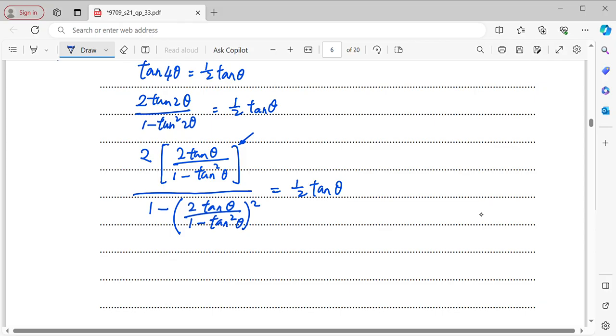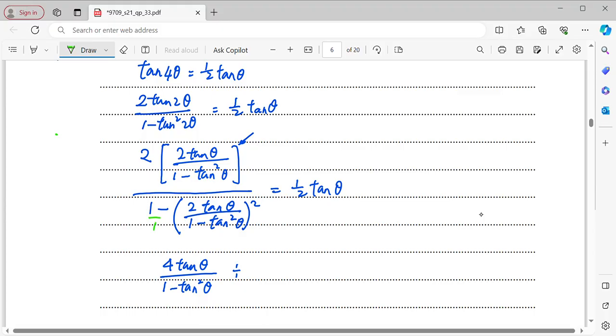Now, I need to simplify this first. So the numerator is 4 tangent theta over 1 minus tangent squared theta. And for the division line, I will just write divide by. For the denominator, we need to get the same denominator here because this is actually over 1.